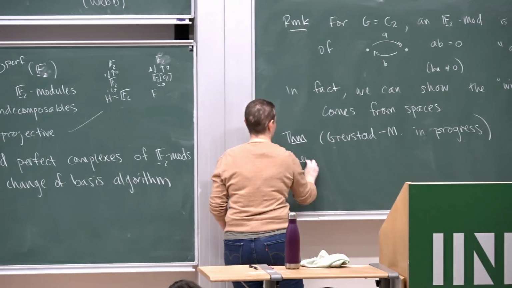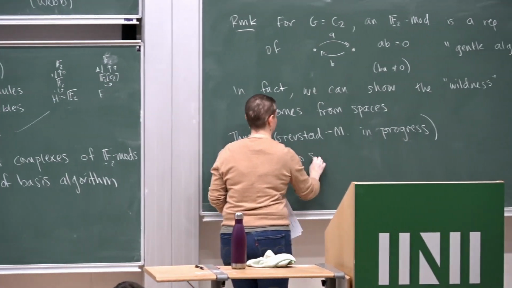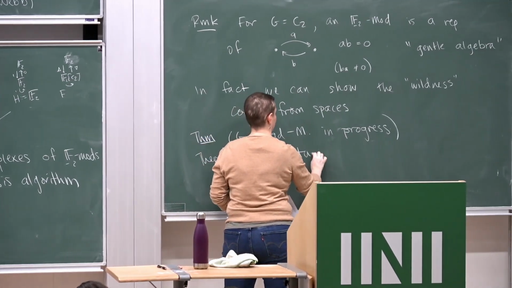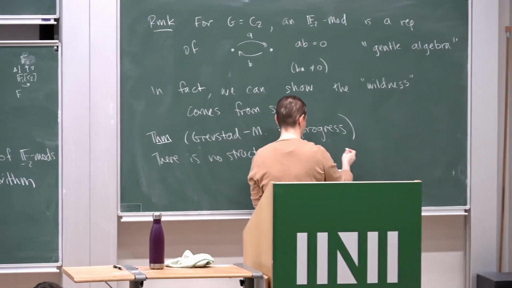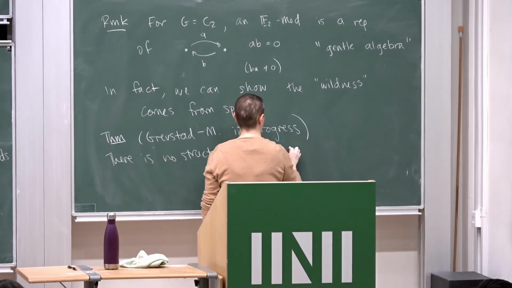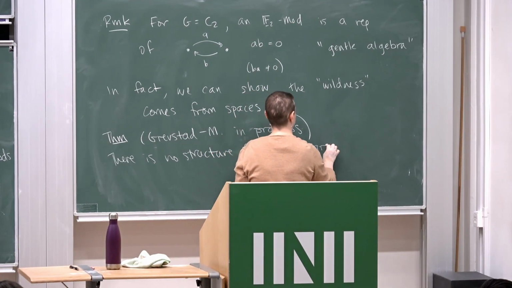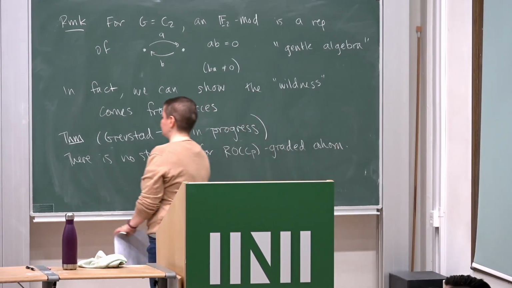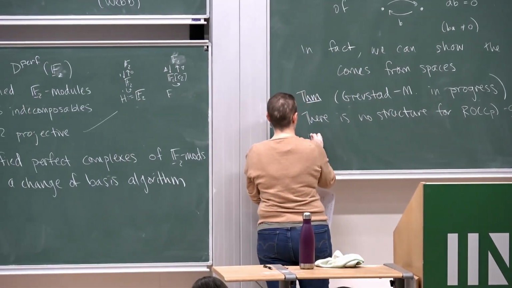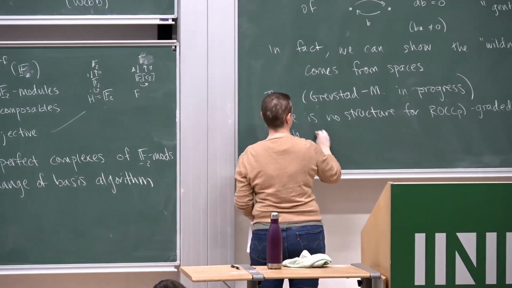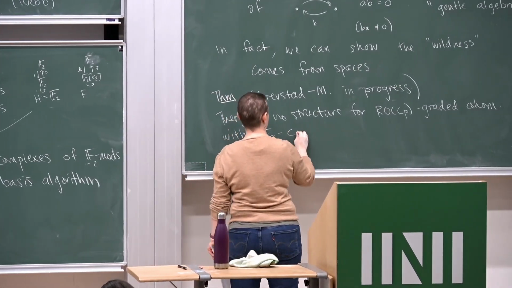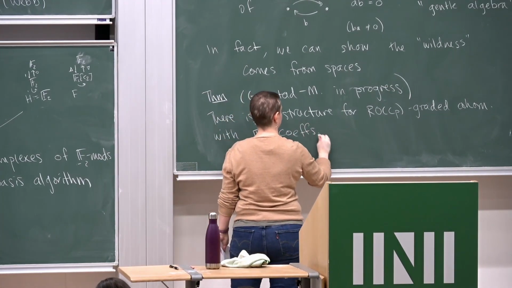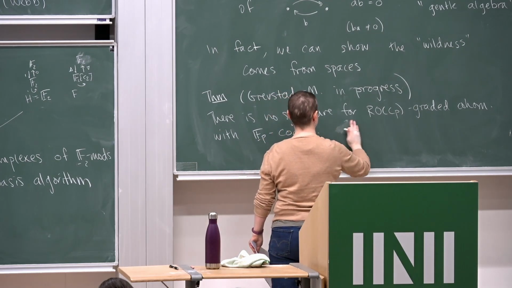that, in fact, there is no structure theorem for RO(Cp)-graded cohomology with constant FP coefficients. And of course, I mean for p odd.